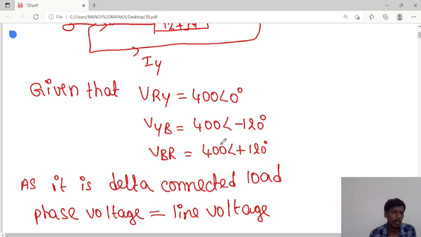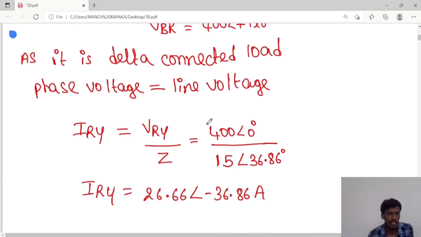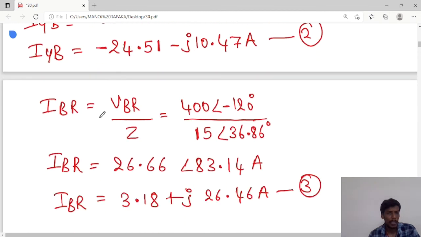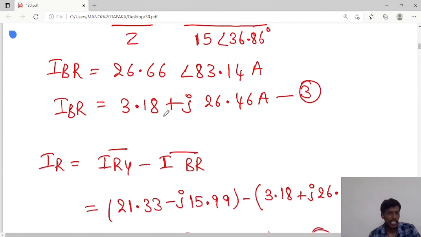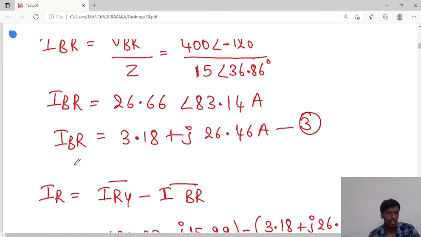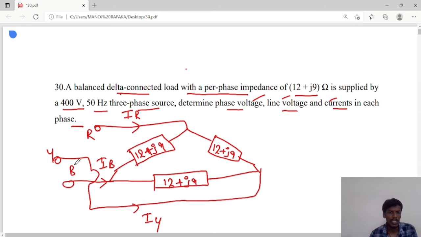Currents are of two types, line currents and phase currents. The phase currents are IRY, IYB and IBR, and the line currents are IR, IY and IB. So we have calculated all the currents as well as voltages for the delta connected load.